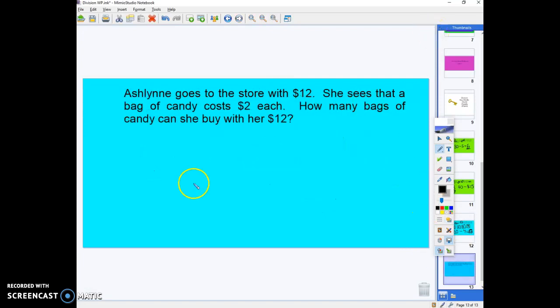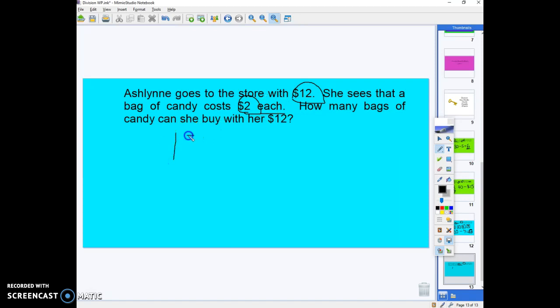Let's try that again with this one. Ashlyn goes to the store with $12. She sees that a bag of candy costs $2 each. How many bags of candy can she buy with her $12? So we can do this again. $12, each costs $2. And I know each is a multiplication keyword, but in this case, we're trying to figure out, we're doing the opposite of multiplication, which is division.